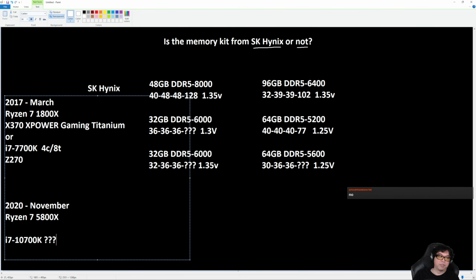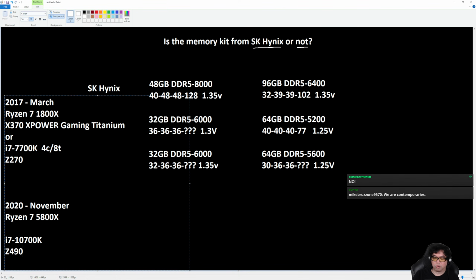So I wouldn't be able to do anything. So if I was going to go Intel, I would have had to buy the CPU and a Z490. Wait, is that right? No. Z490.